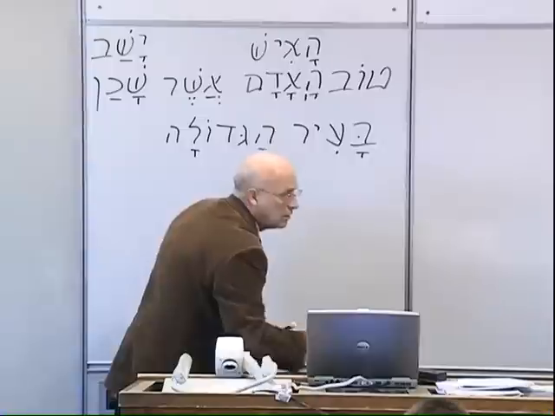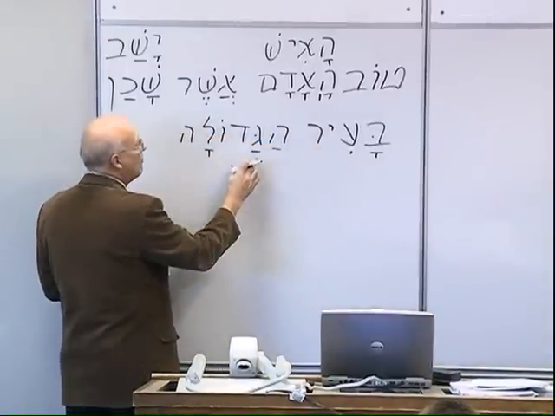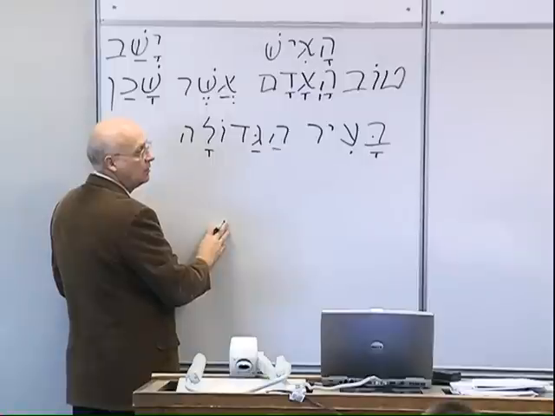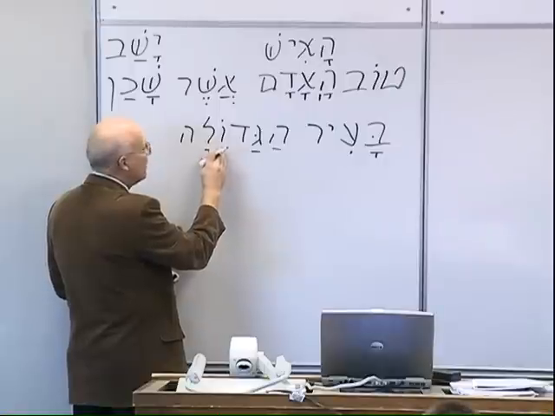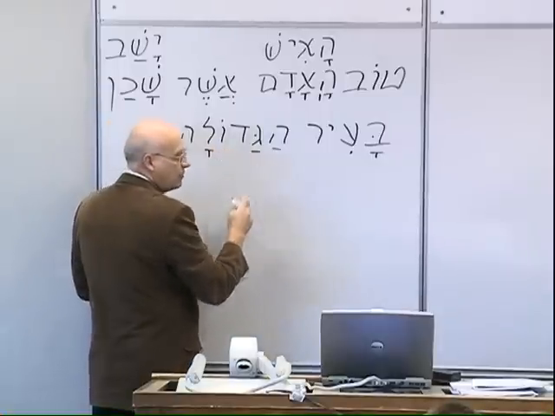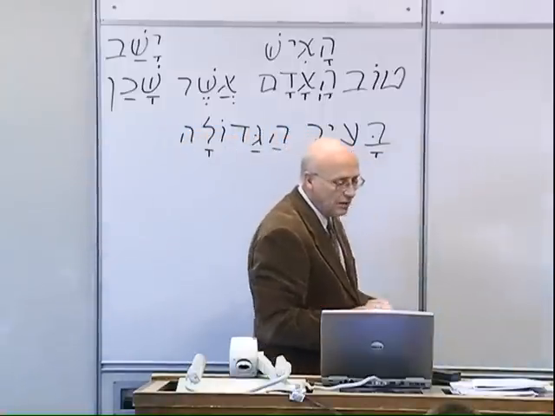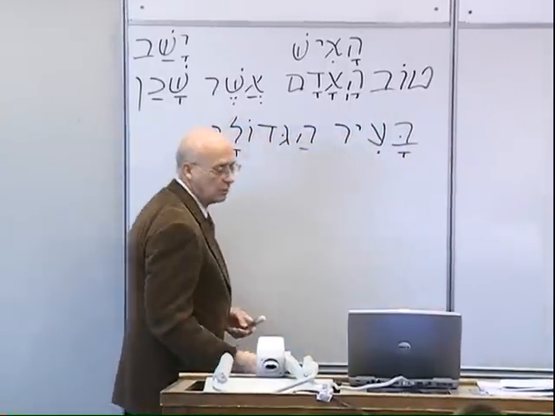How come it couldn't be a patach? Because if you put a patach here, you have a patach in an open syllable. Because the daleth has to go with this vowel. This vowel can't be here alone. It has to have a consonant. So the daleth is going to go with this vowel, so this would have to be in an open syllable. A short vowel doesn't stand that way in an open syllable.